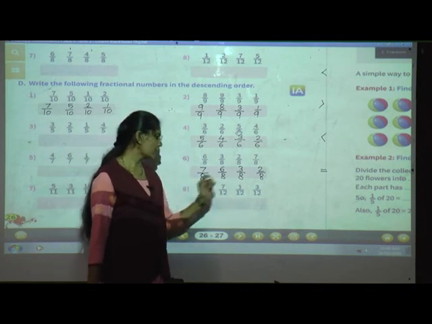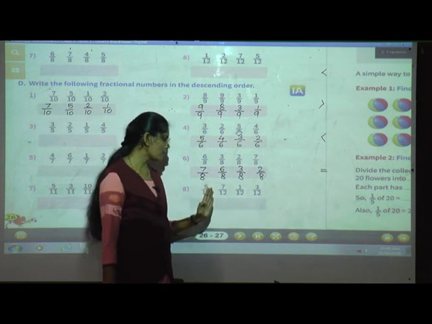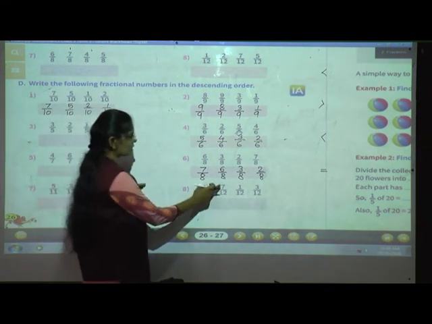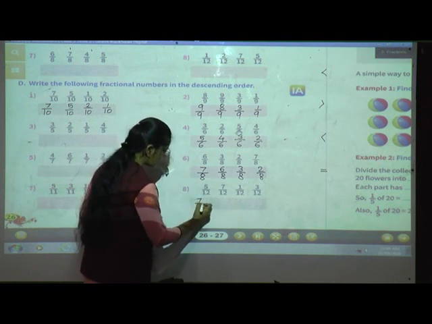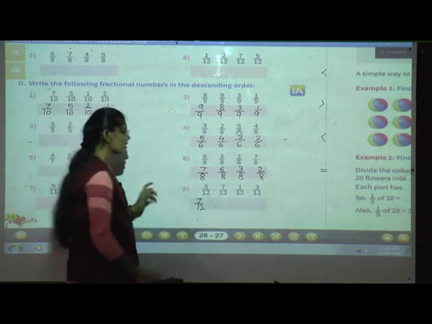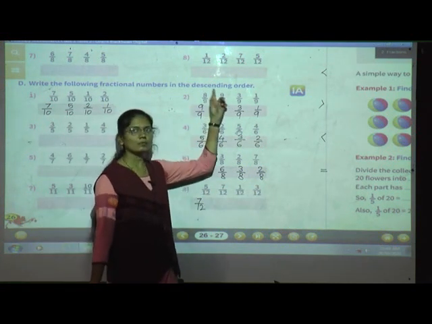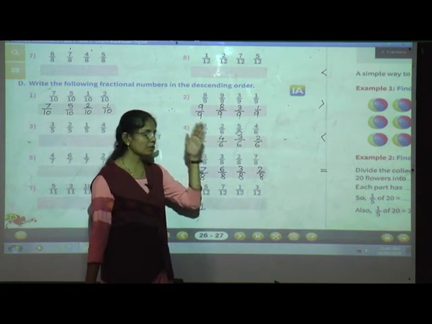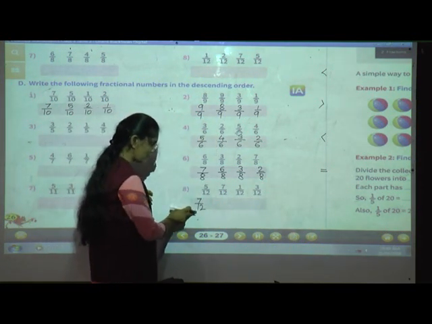Now see all the numerators, 5, 7, 1, 3. Among all these 4 numbers, which one is greater? 7 is greater among all these 4 numbers. So we'll write first 7 by 12, because we have to arrange all these fractions in descending order. Descending order means from biggest to smallest. So we'll write here first 7 by 12.